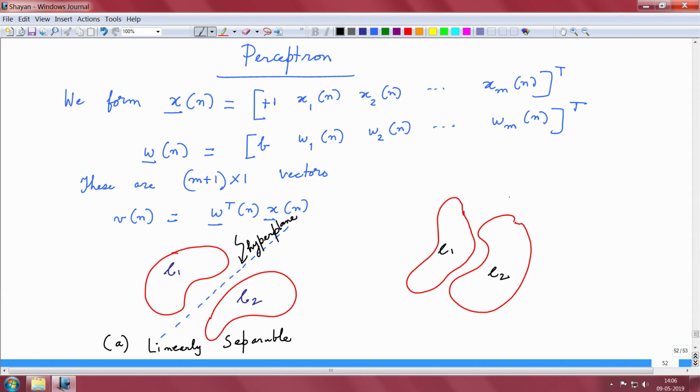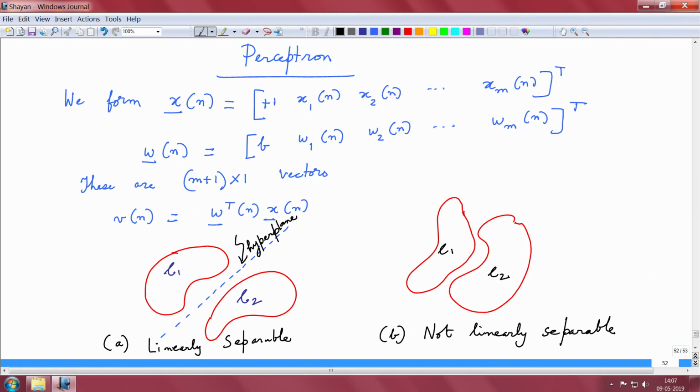We cannot have a line that separates these two classes. So, in such a situation, we say that they are not linearly separable, which means you can have a curve that can go through this region and can separate the two classes, right.